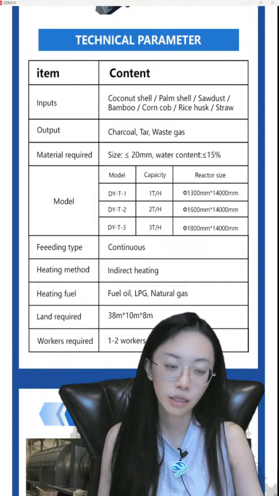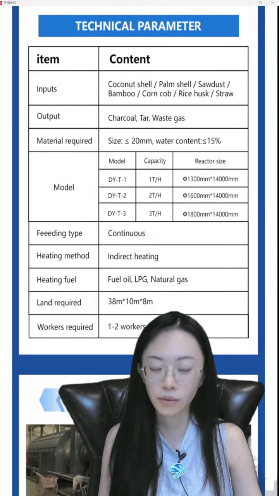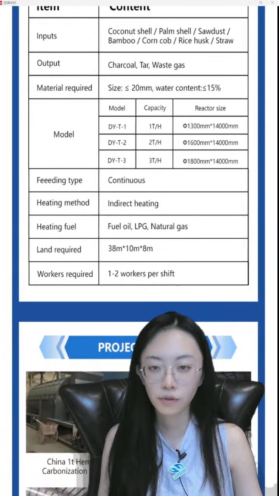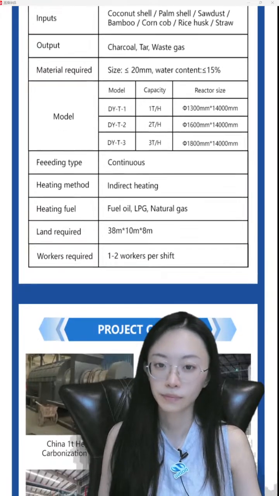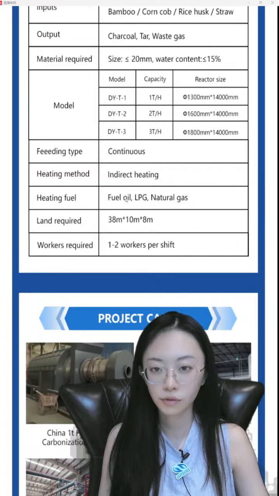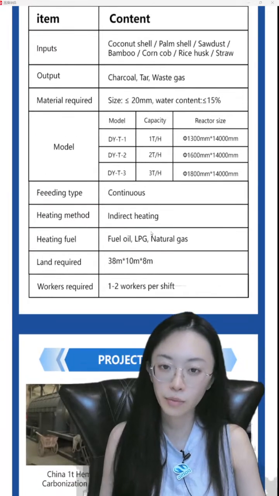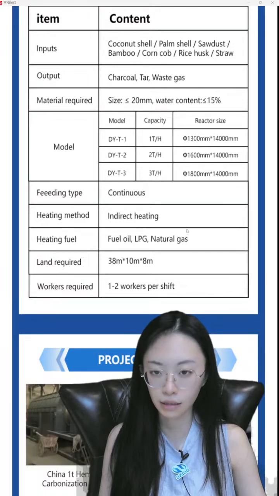If you need a larger or smaller one, you can contact our engineer to give you a suitable plan. For the heating fuel, we use fuel oil, ethane gas, or natural gas, and we use indirect heating. That is for the fully continuous one. If you choose the batch type, it uses direct heating in the furnace.